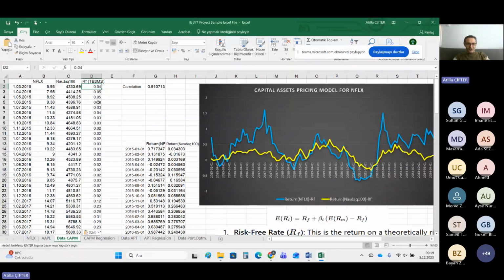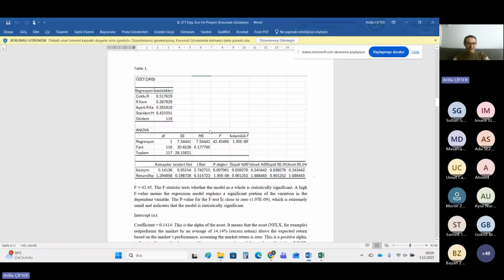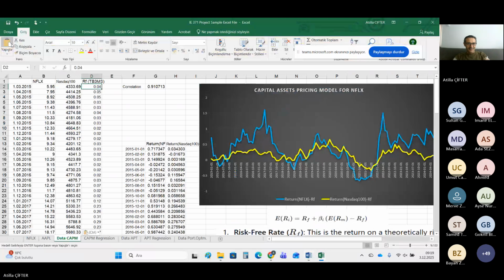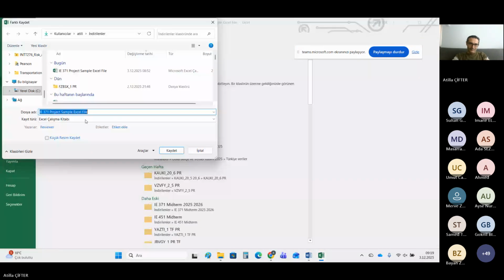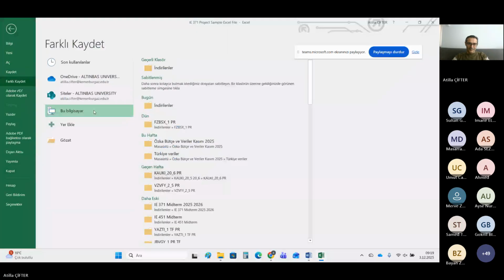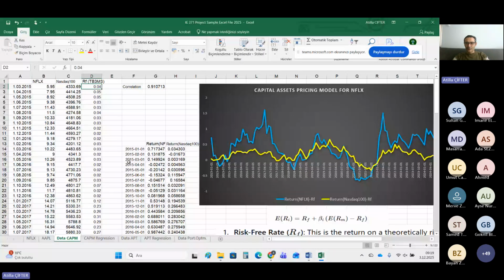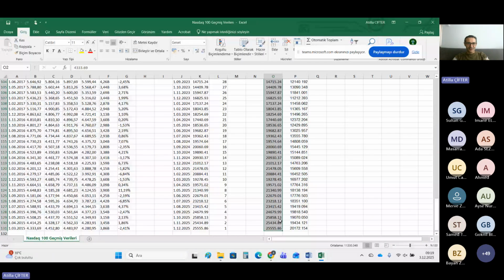Okay, so let's now take, since we understood how we just updated data, I will just save as different. Then look at the old data because the estimations are from old data. Okay, so I'd like you to receive the same output.